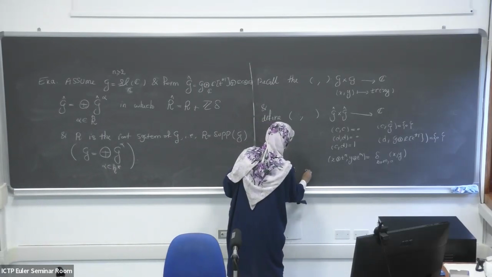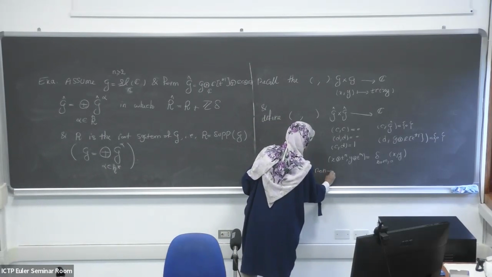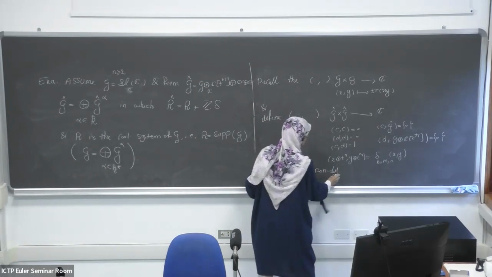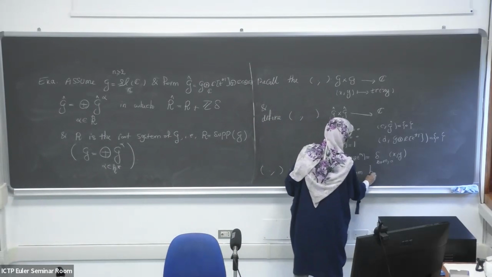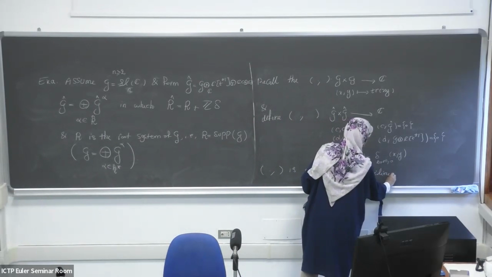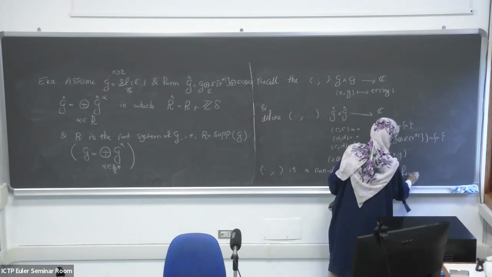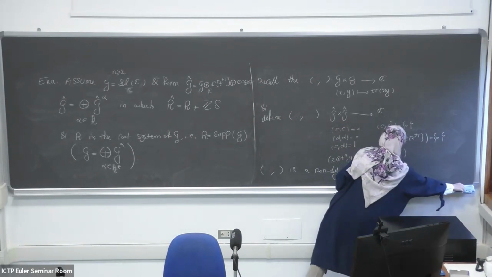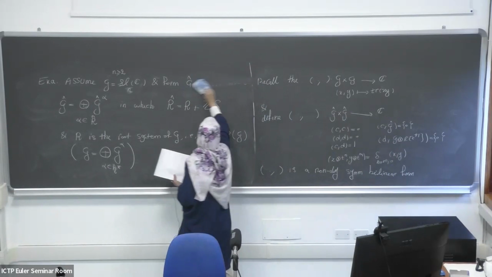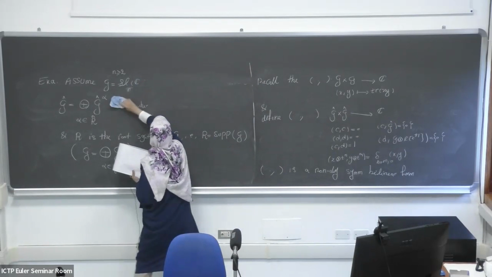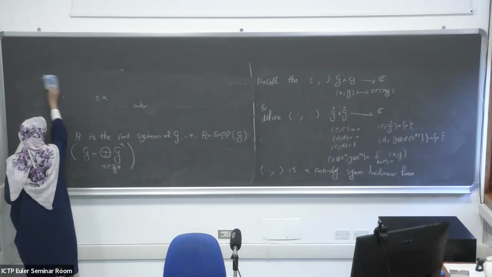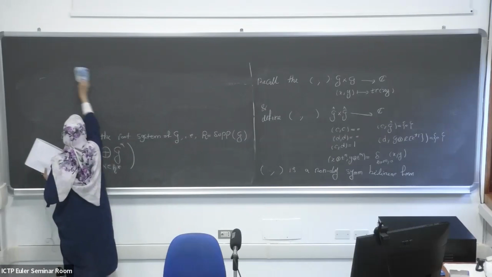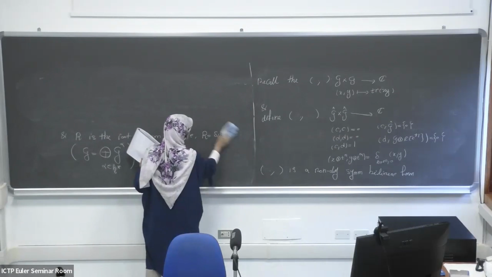We can define this bilinear form, and this bilinear form is a non-degenerate symmetric bilinear form, and the restriction of this form on the capital H is again non-degenerate.